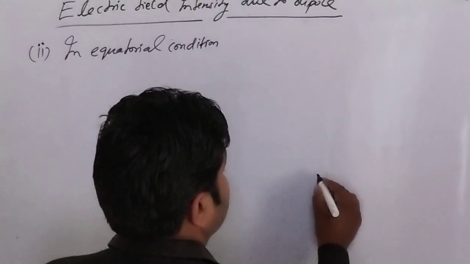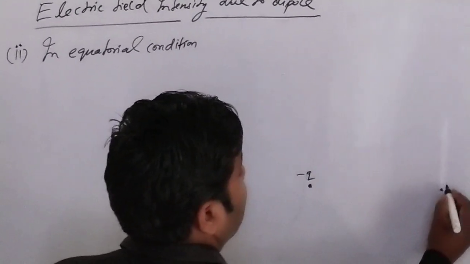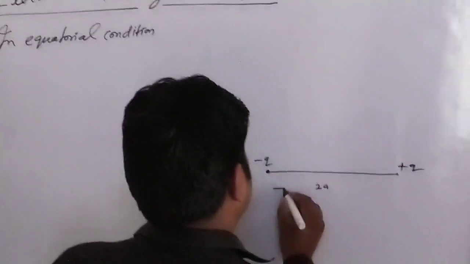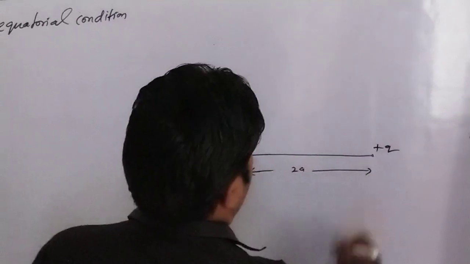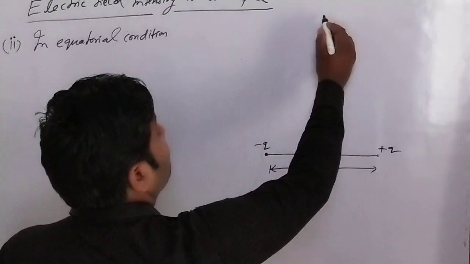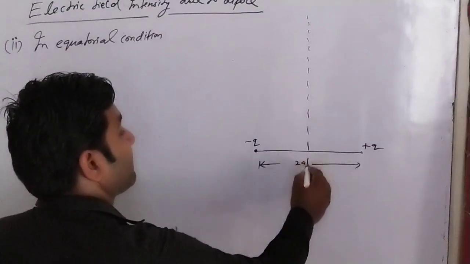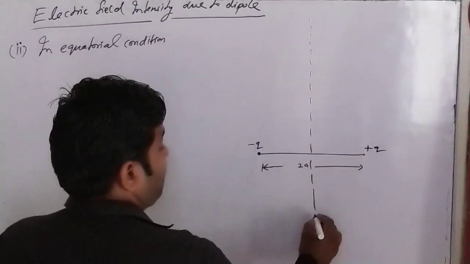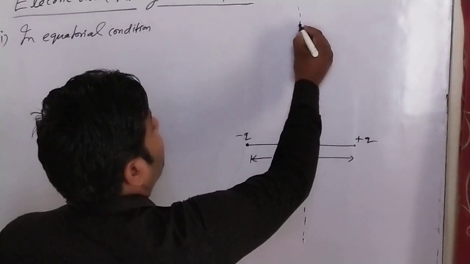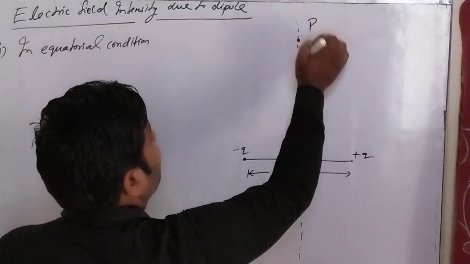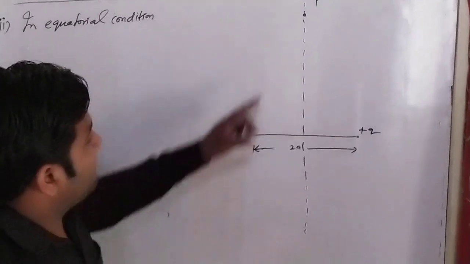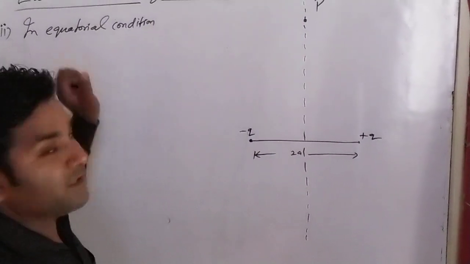Suppose this is minus q charge and this is plus q charge, separated by a finite distance 2a. Whenever we draw the perpendicular bisector of this dipole, just like this, any point on that line gives the concept of equatorial. So we take a point P, representing the point in the equatorial condition.